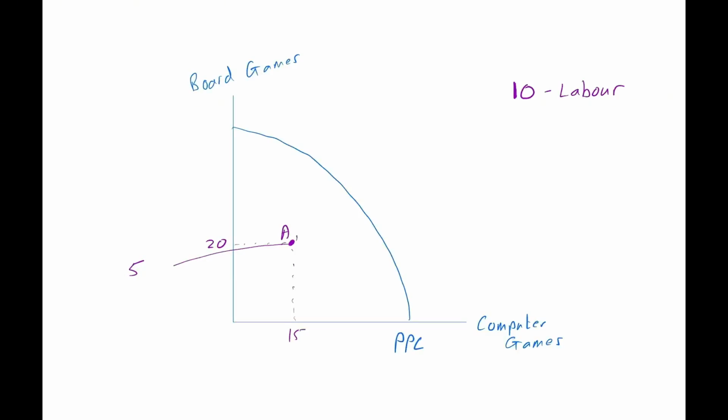Here, the gap between A and the PPC represents the spare capacity of resources. So in this example, we've got 5 units of labor that are not currently employed. So the spare capacity is 5, okay, 5 units of labor.